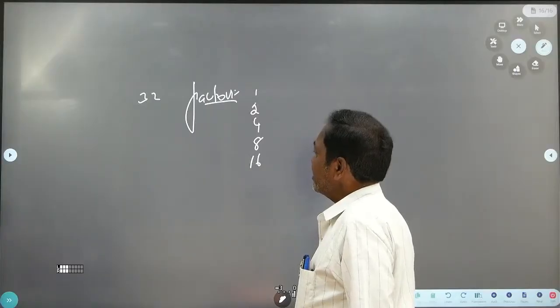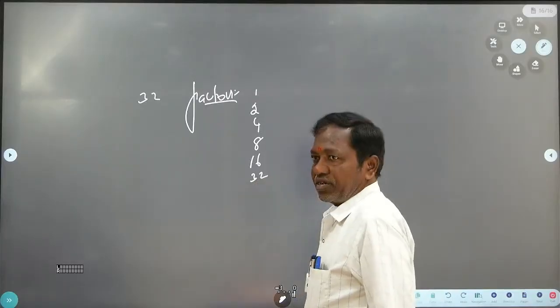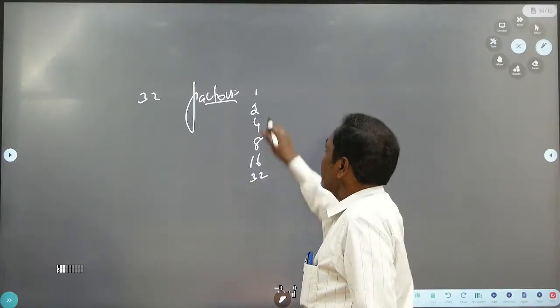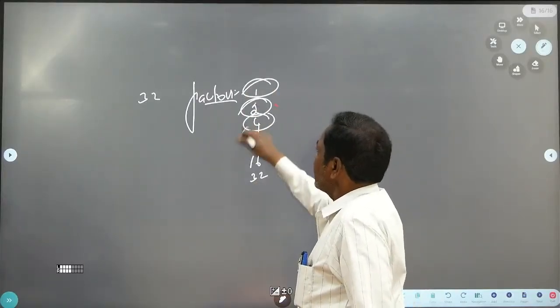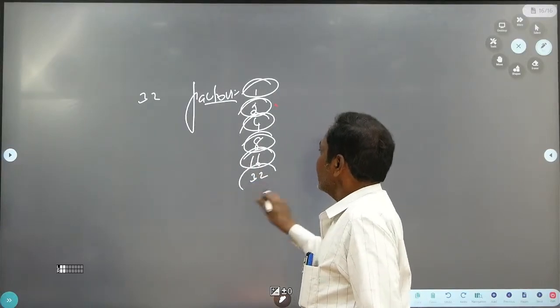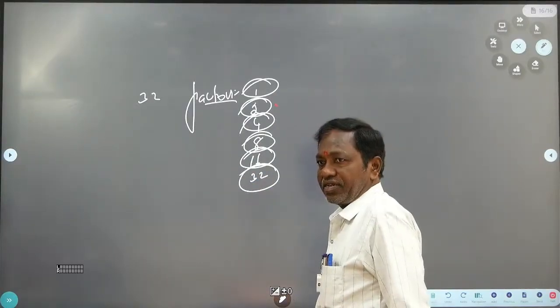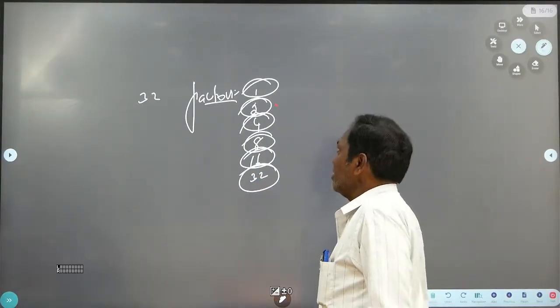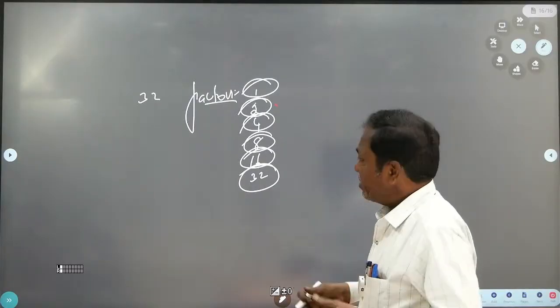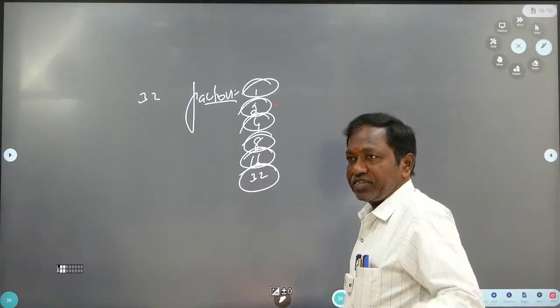Beyond that, again you will have only 32. How many factors are there? There are 6 factors. But if the number goes up, we will find a maximum number of factors.